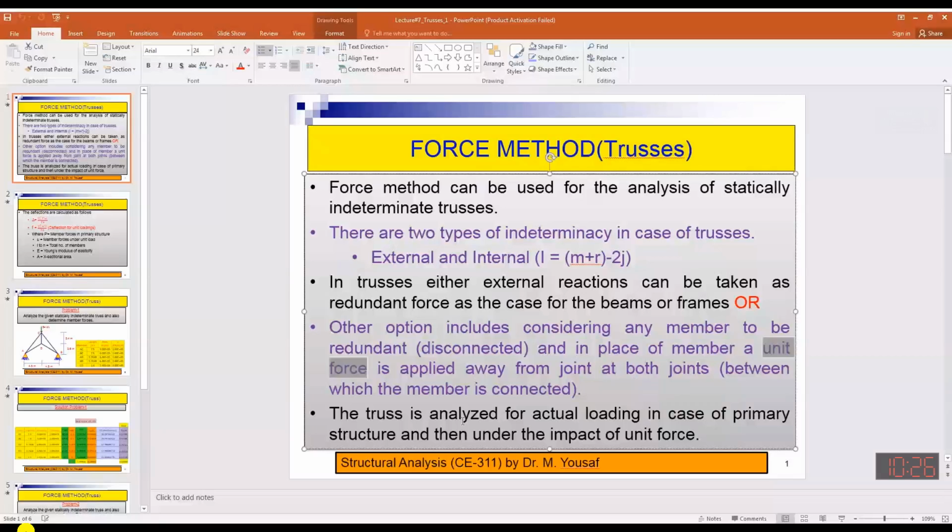So up till now we have carried out the same approach. In that, the primary structure is analyzed first, and then the impact of the unit force is looked into.